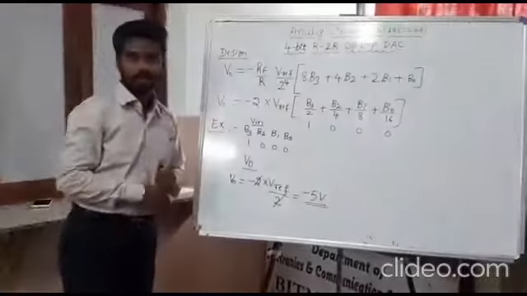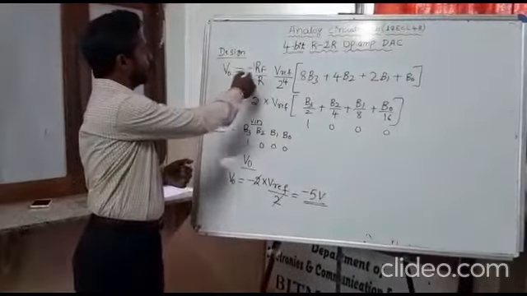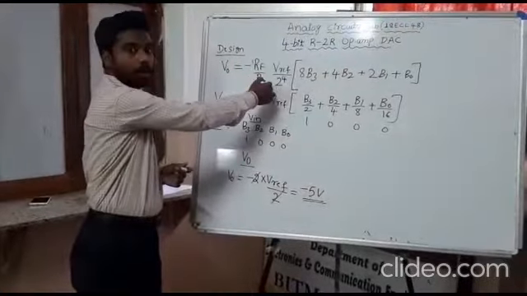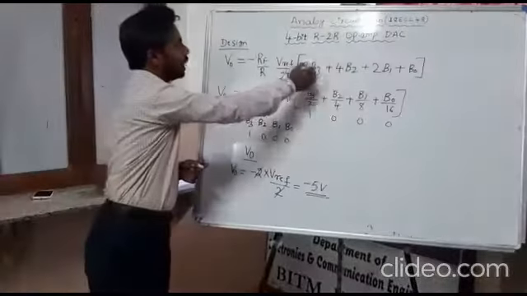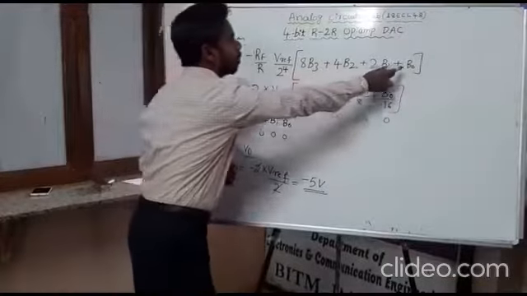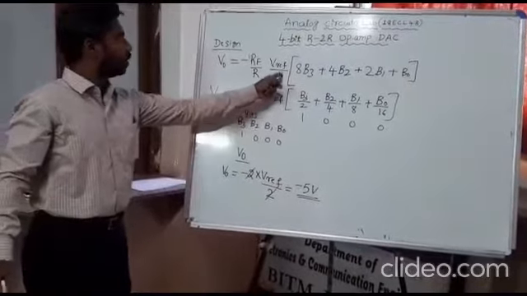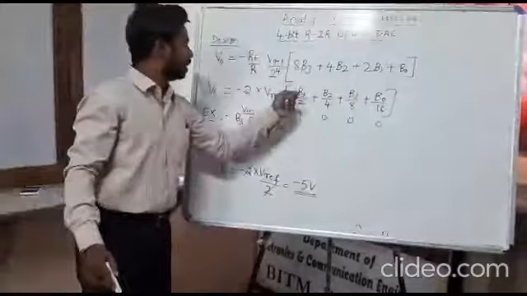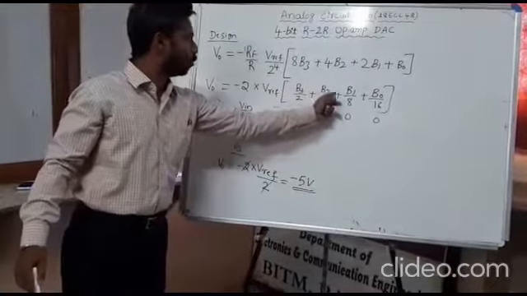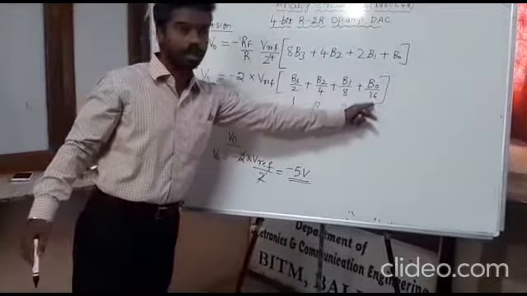This is the design. As expected, V out is minus RF by R into V reference by 2 power N, where N is 4, into 8 V3 plus 4 V2 plus 2 V1 plus V0, which gives minus 2 V reference. This 2 power 4 is divided here, so we get V3 by 2 plus V2 by 4 plus V1 by 8 plus V0 by 16.